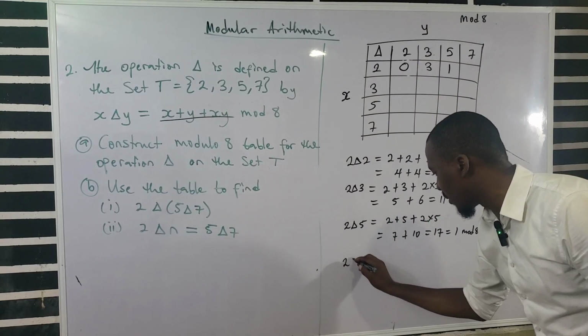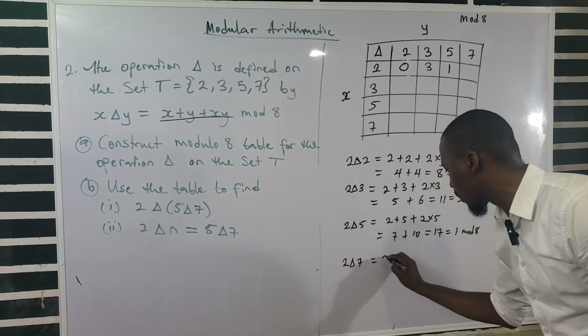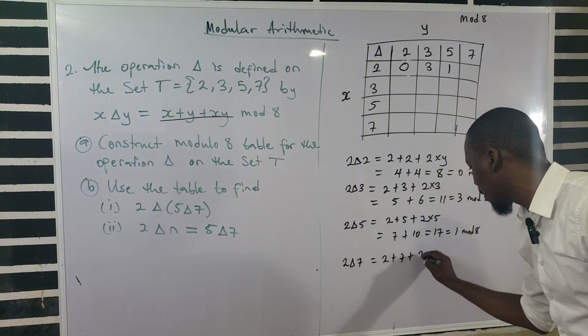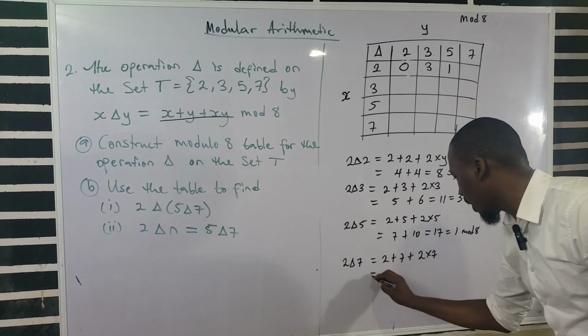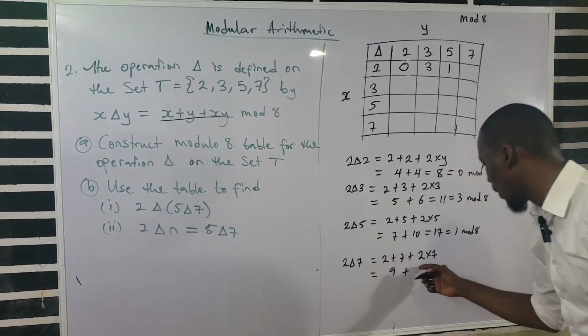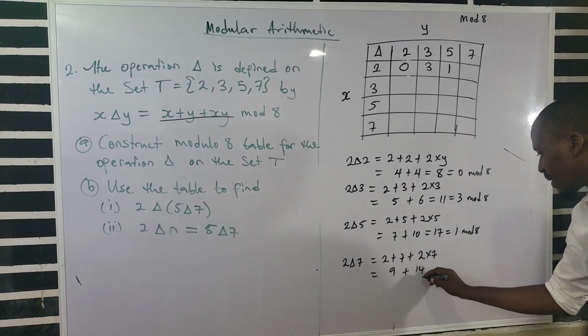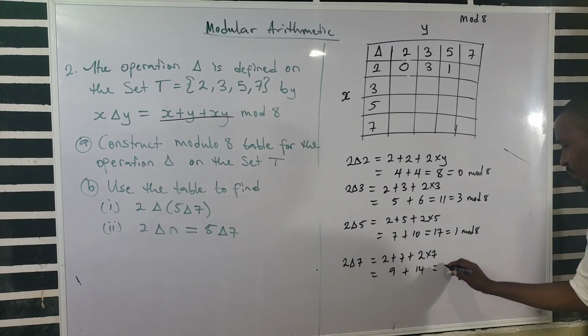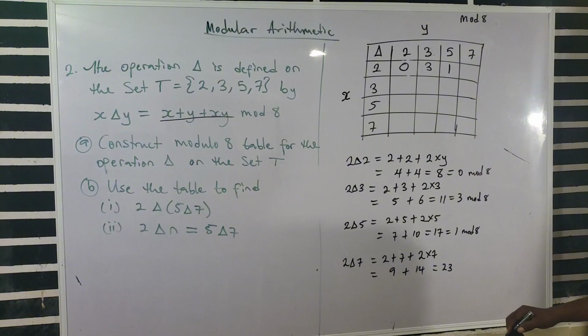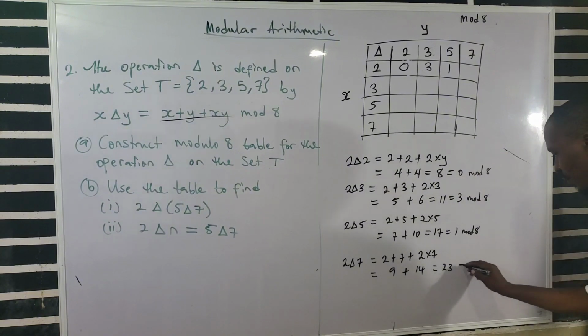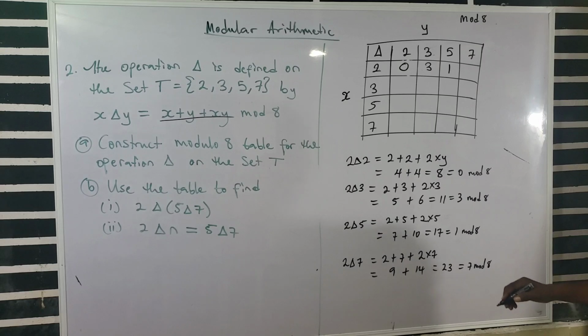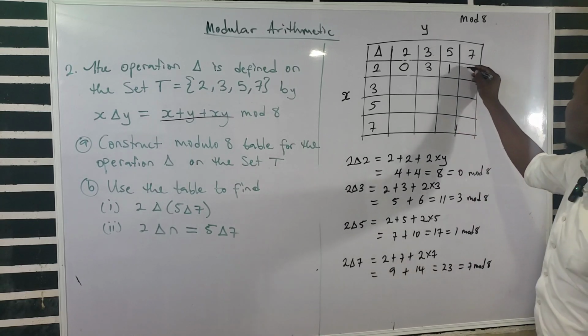So we'll do the same thing. 2 binary 7 equals to 2 plus 7 plus 2 times 7. So that will give us 9 plus 2 times 7, 14. So that will give us 23. Okay. 23 will give us 7 modulo 8. So we'll write our 7.